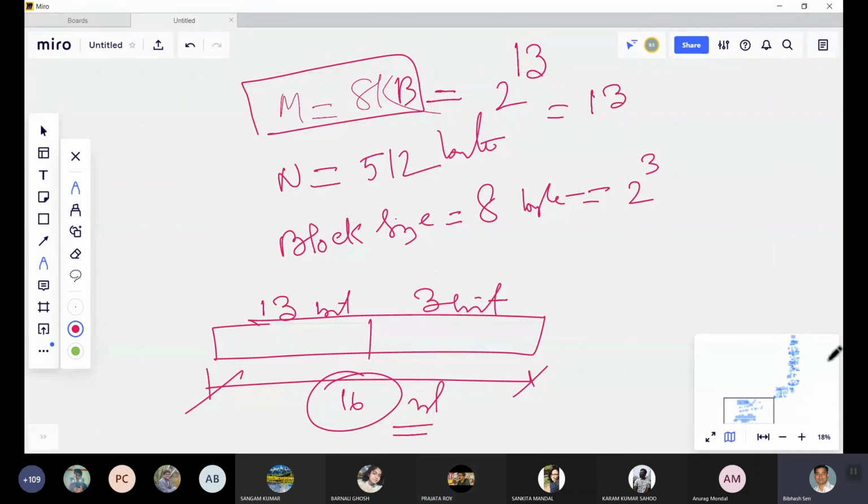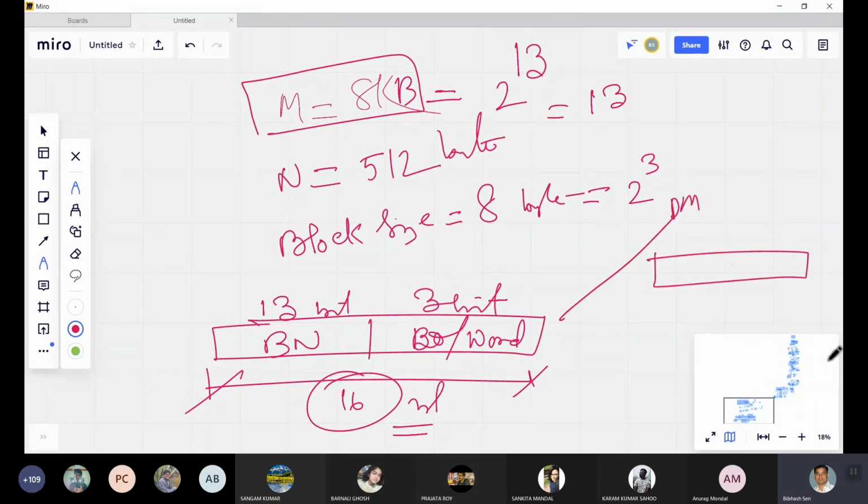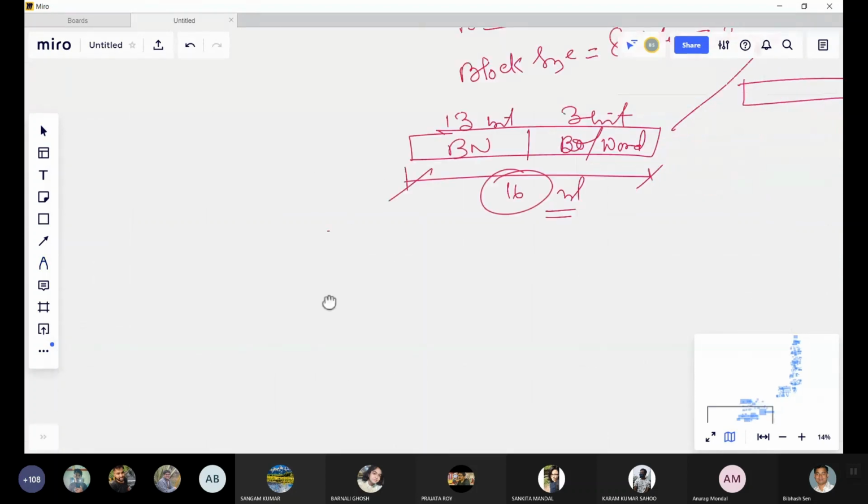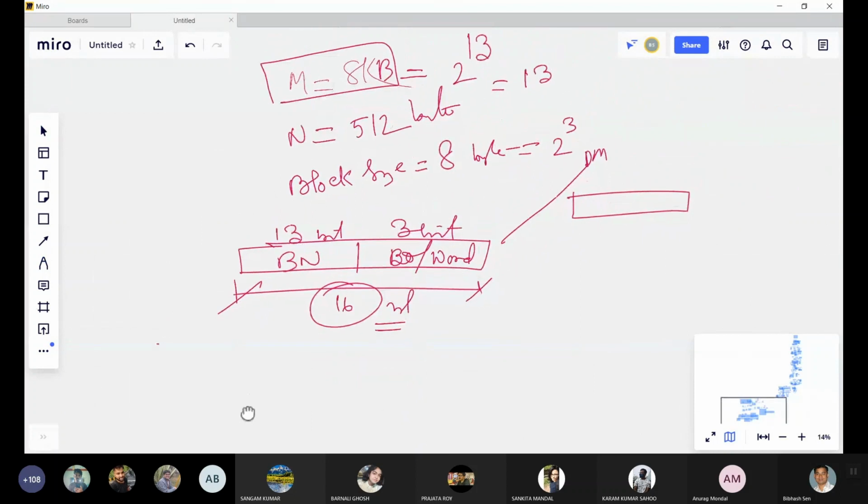Now you tell me that is my block number and that is my block offset, or you can say word. Okay, block, word. Now if I convert to direct mapping, how does it look? Tell me, and how many bits will be there. Solve it and tell me. Sir, repeat the last part once again, sir.